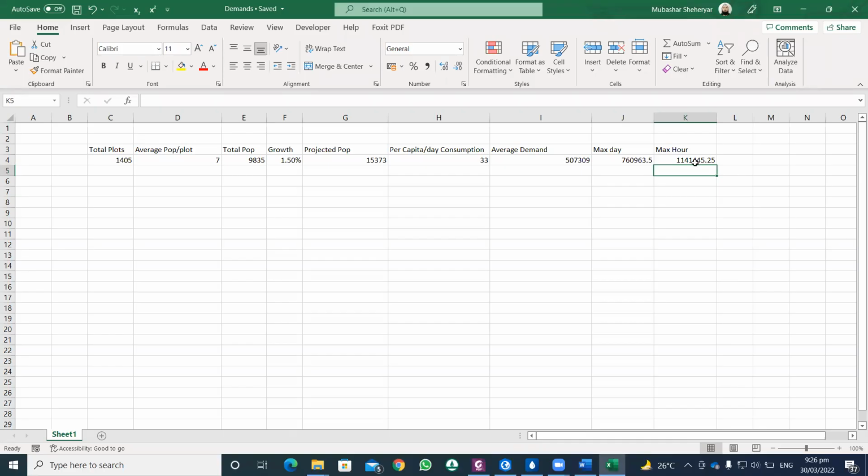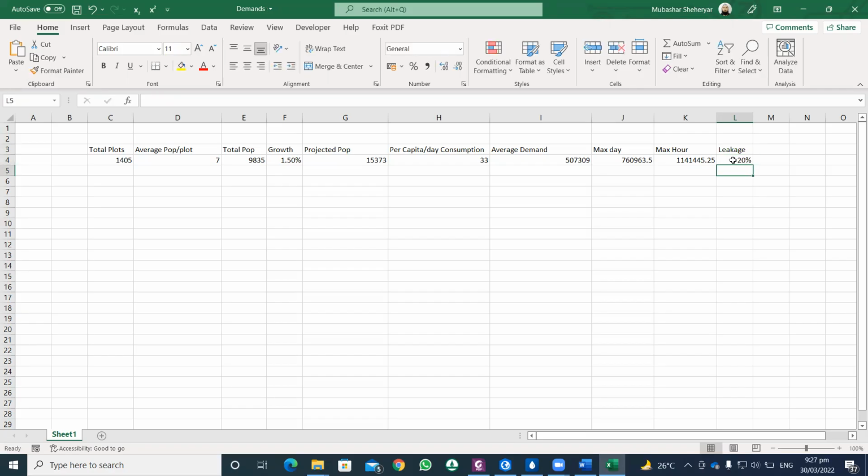I also want to include leakage. I included the peak factor, but I didn't include the leakage. I should also consider leakage, because if you design a water supply network, after 1 year, 2 years, or maybe in the first year, leakage starts if it is not properly constructed. So it should be considered in the design.